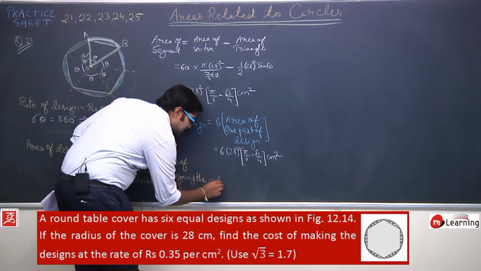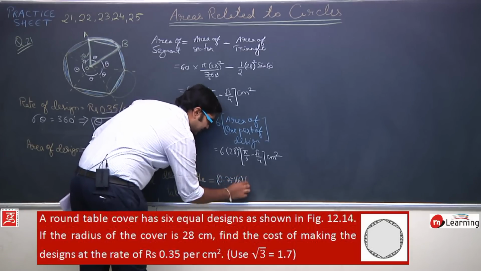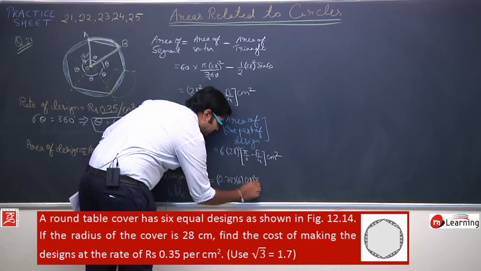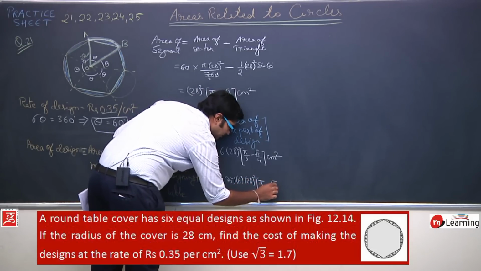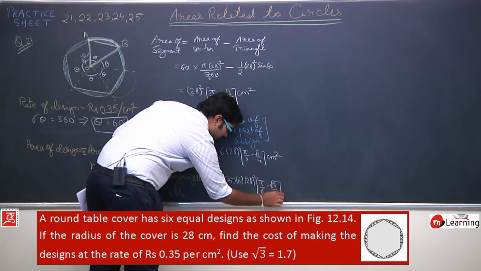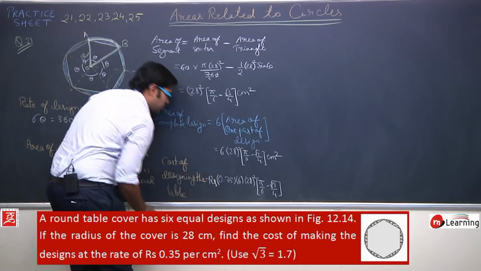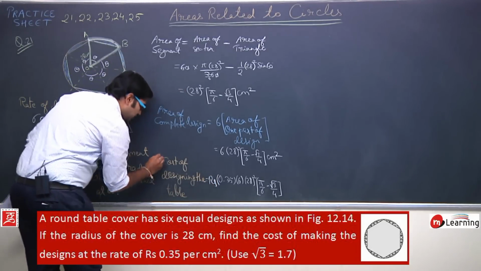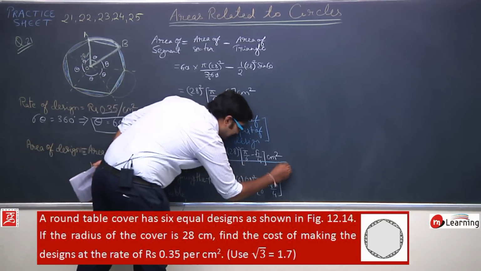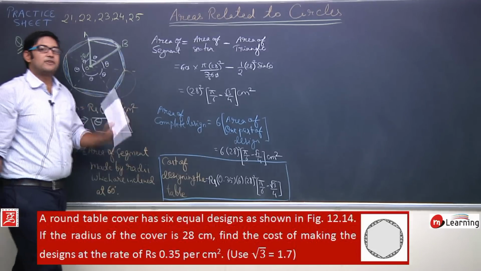So it is 0.35 into the area, which is 6 into 28 square root bracket pi by 6 minus root 3 by 4 rupees. This will be in rupees. So this much amount of money is required to completely design the table in accordance with the figure.